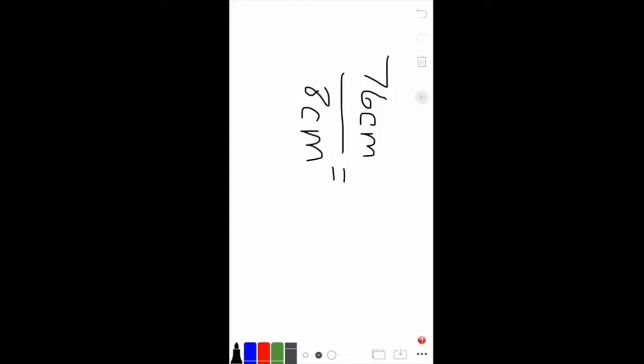When you simplify by 4, this would be 19 and this would be 2. So you want to rewrite this as a ratio. You will use 19 first and then 2, and that's your answer.